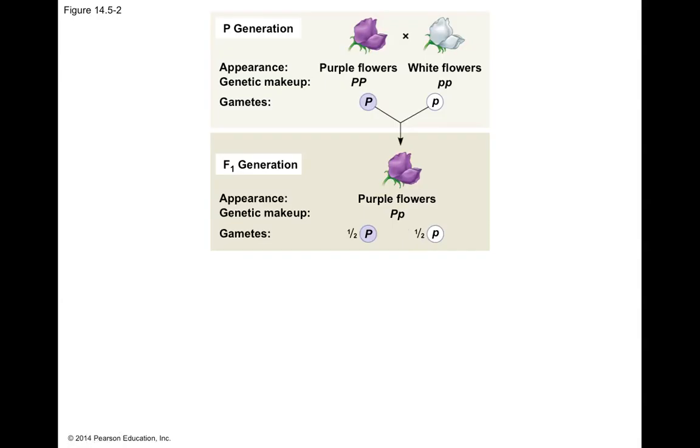In this case, you end up with all plants receiving a big P from the purple parent, and all of the white ones receiving a small p allele from the white parents.